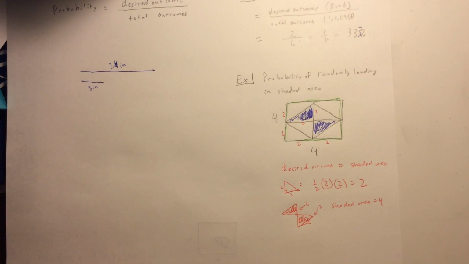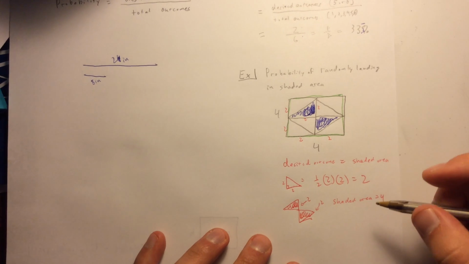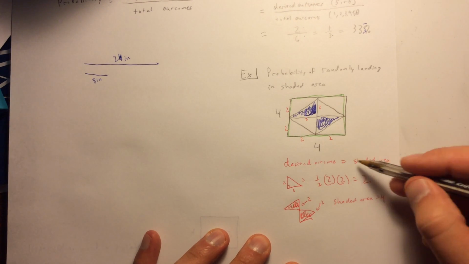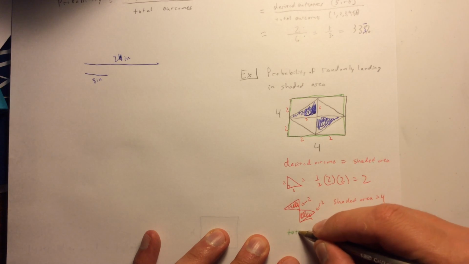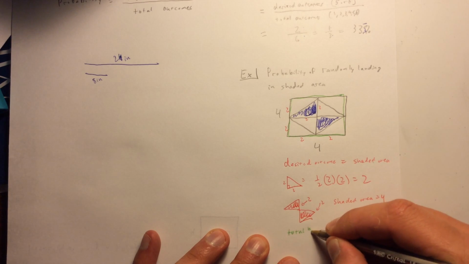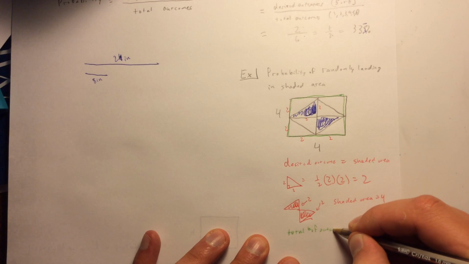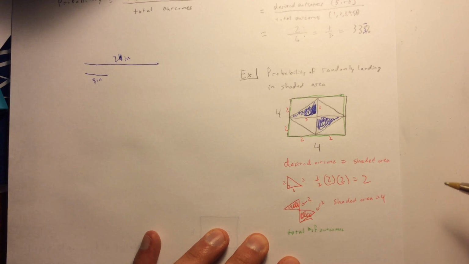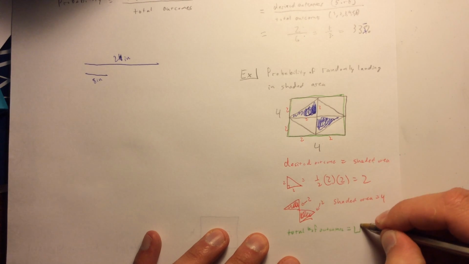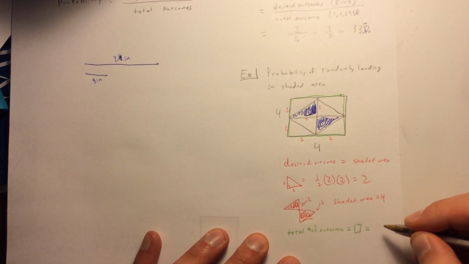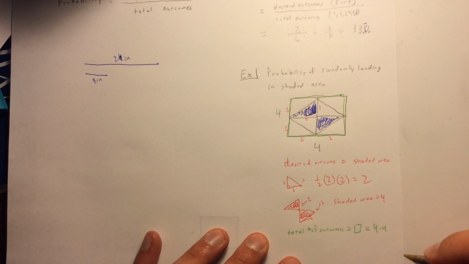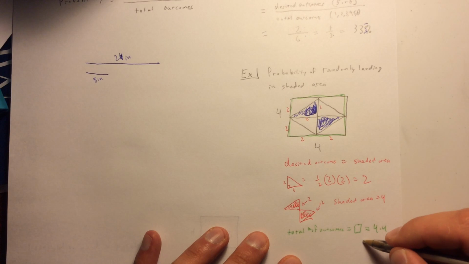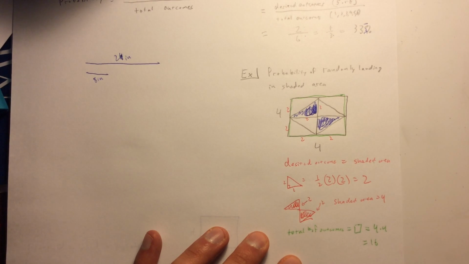It's not a great drawing, but 4 by 4. So the desired outcome is the shaded area. The total number of outcomes, well, we could land anywhere in that square. So that's going to be the area of the square, which is 4 times 4, length times width, and that's going to be 16.